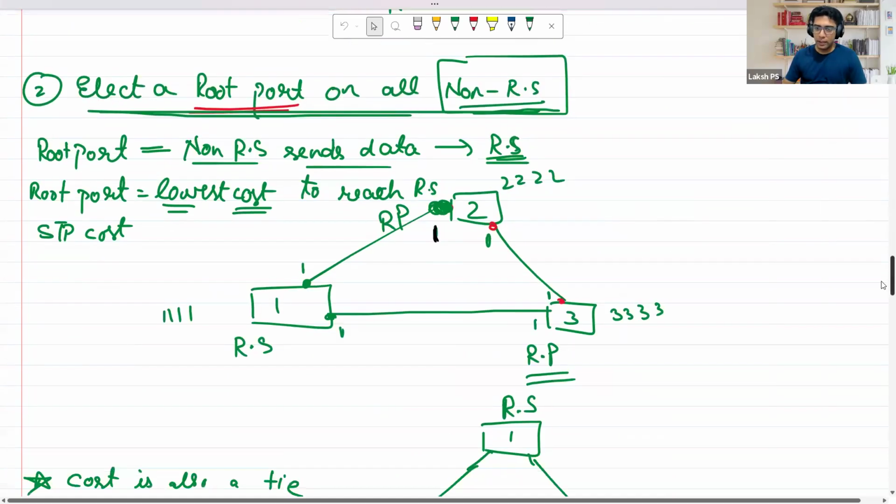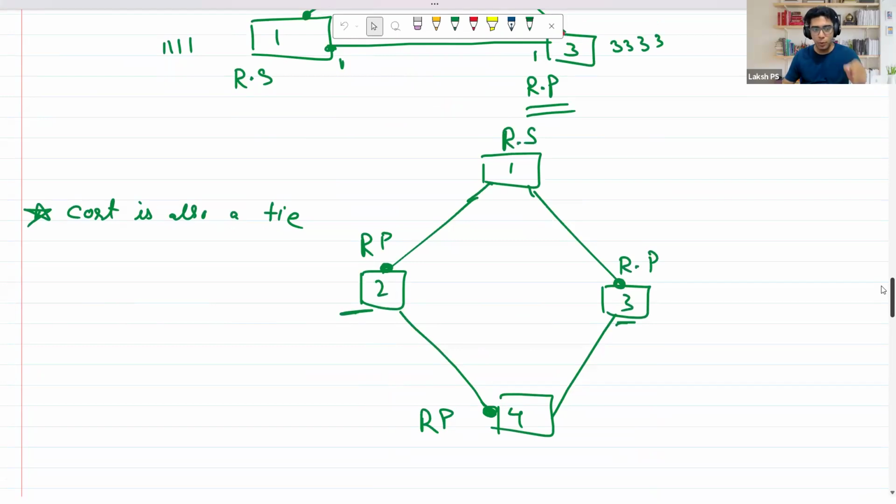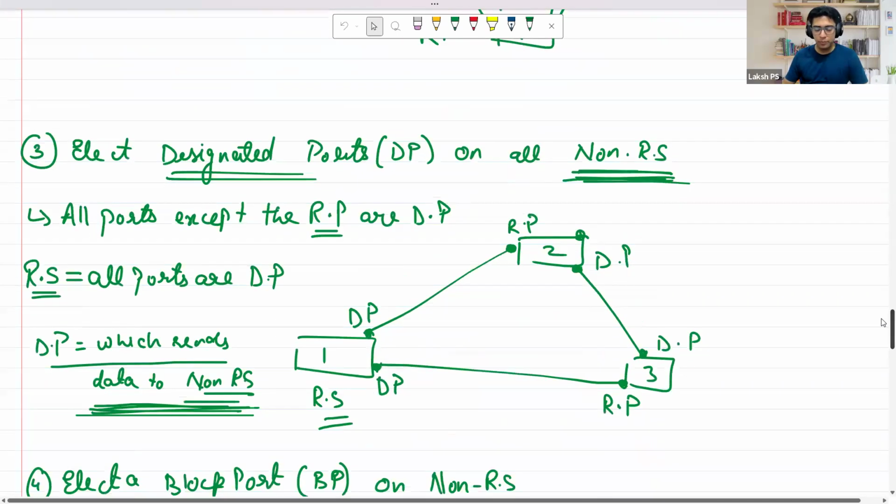Now, if the cost is also a tie, then the lower MAC address of the neighboring switch decides: whichever neighbor switch has a lower MAC address, that particular port takes over the role of root port.